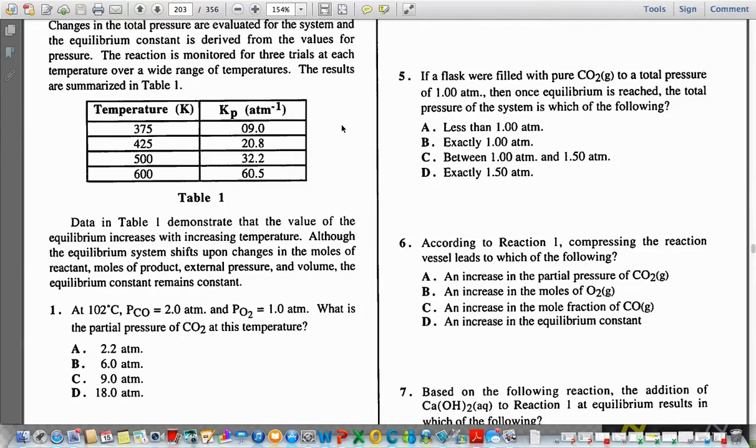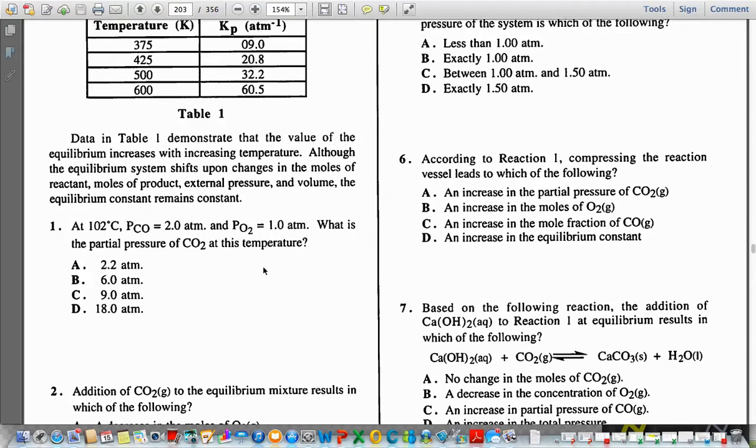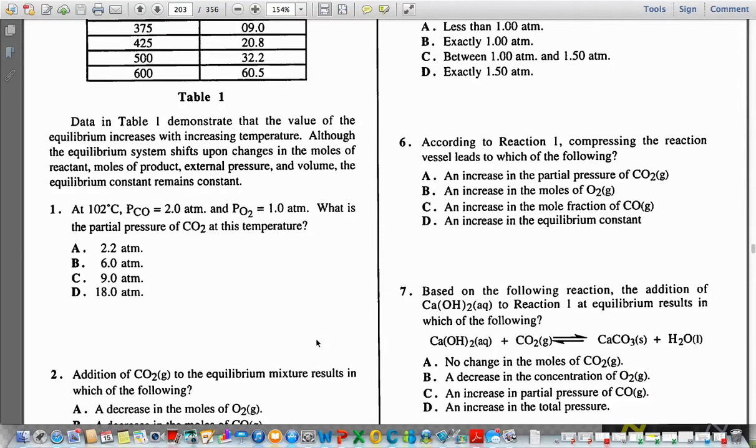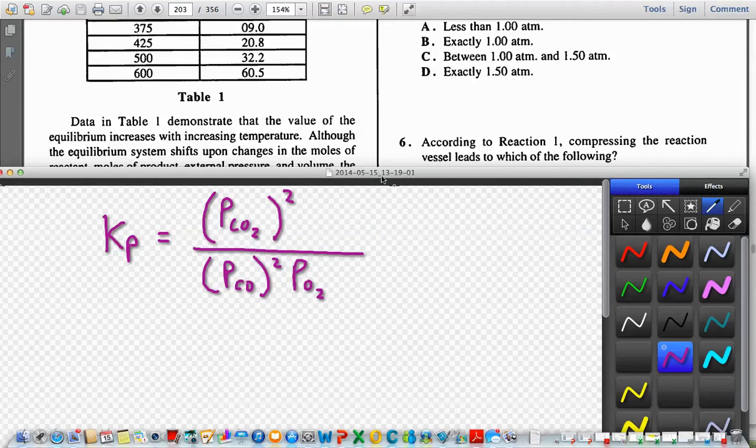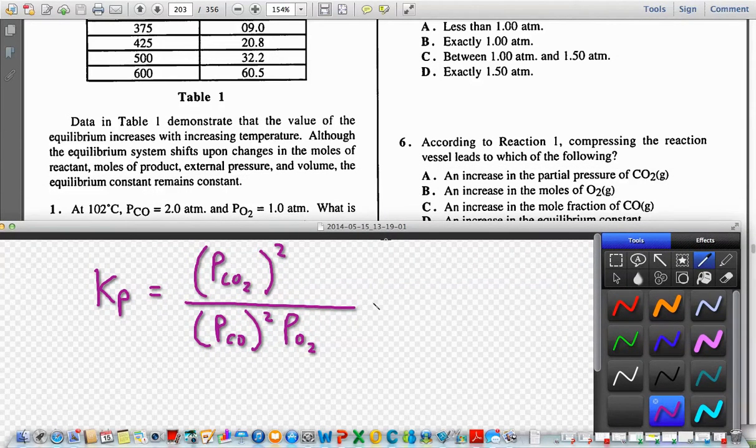And we know that our Kp is equal to 9. And of course we're solving for the numerator.